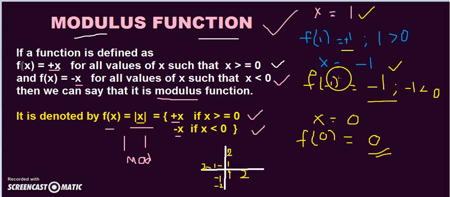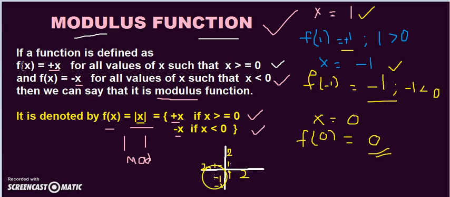For example, I have considered x is equal to 1. If x is equal to 1, my function f of x returns plus 1. So it will be 1 and 1. For x is equal to minus 1, it will be minus 1 and minus 1.